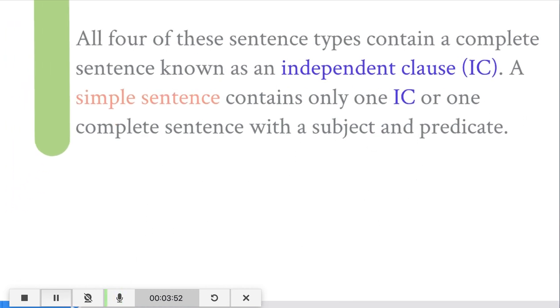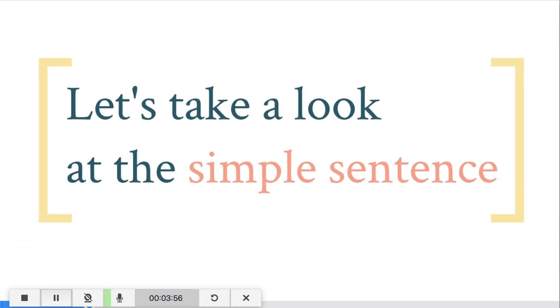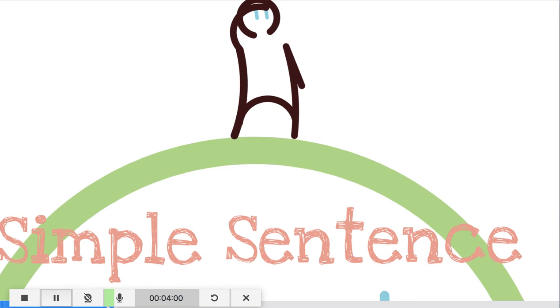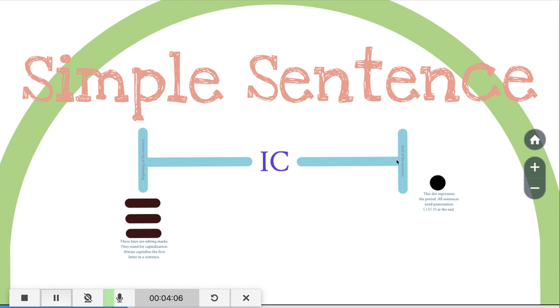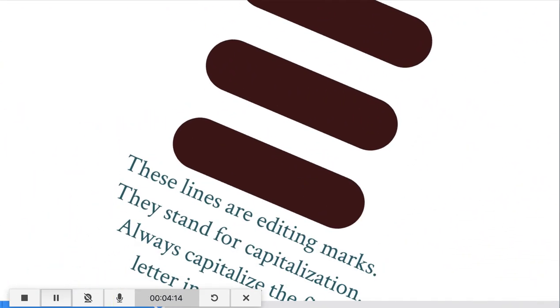Now, you are very familiar with simple sentences, but let's take a look at a few. A simple sentence typically has a capital letter at the beginning, and then a period, an exclamation point, or a question mark at the end, right? Now, some examples, let's take a look.